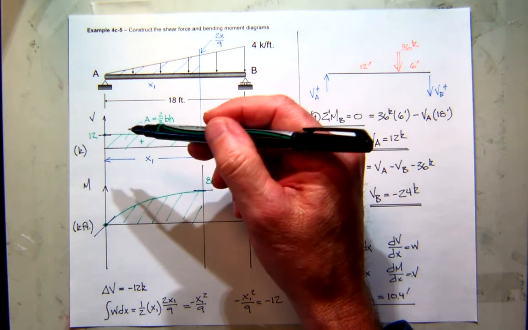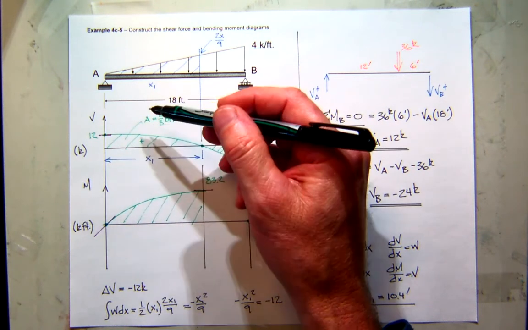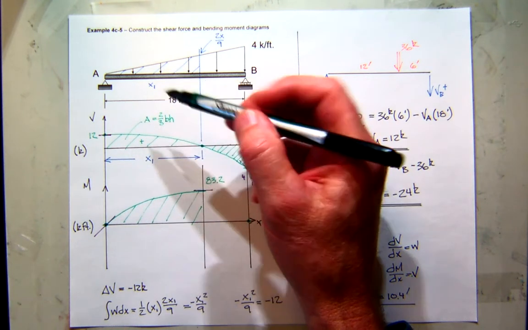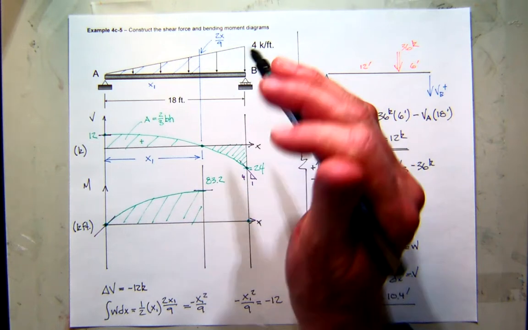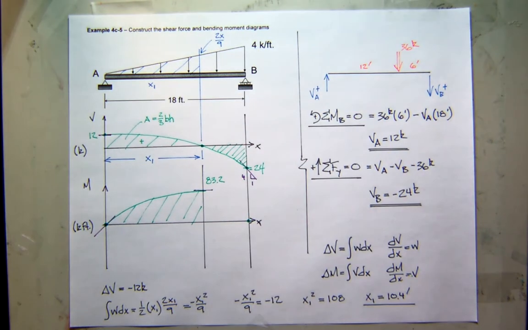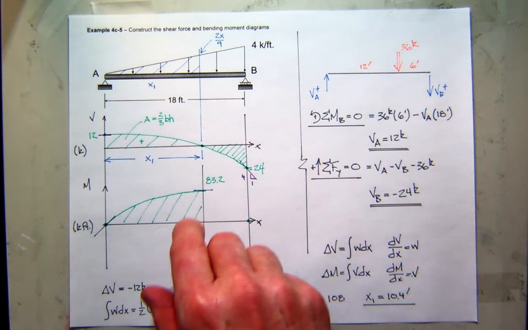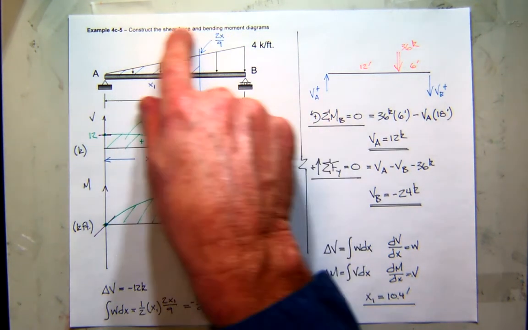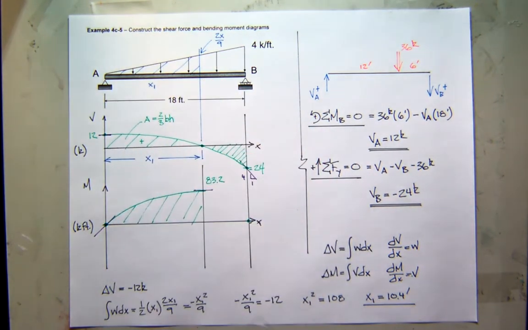But for any combination of point loads and uniform loads and just about any combination you can imagine, this technique works great. So as you go through this class, you'll find yourself making these choices. You'll have to look at the problem and what's being asked, and you might have to apply a different method or a different tool depending on the advantages and disadvantages of that tool. So we'll stop here.